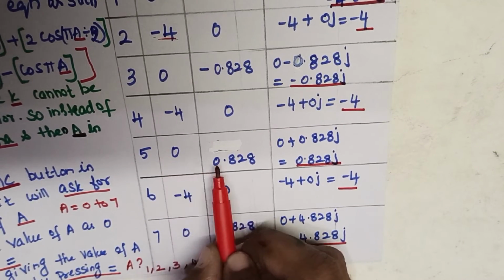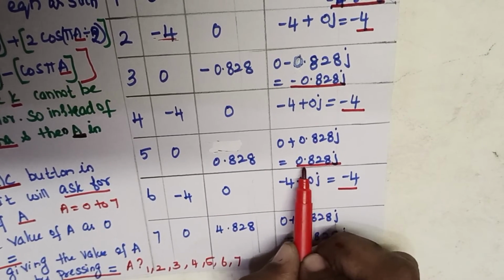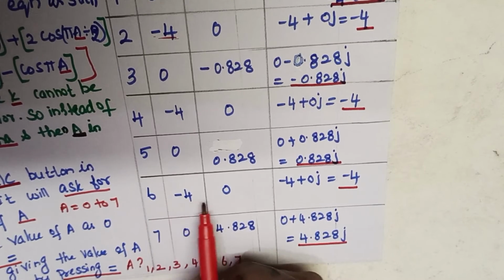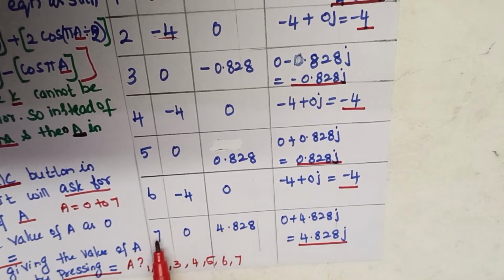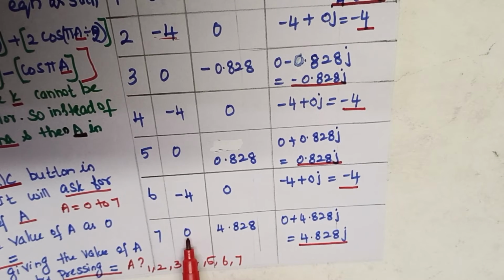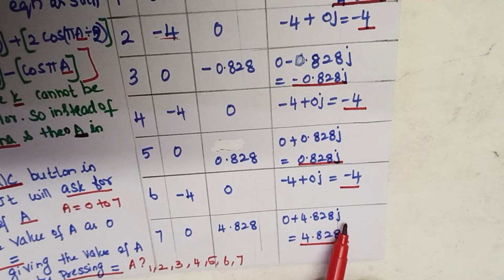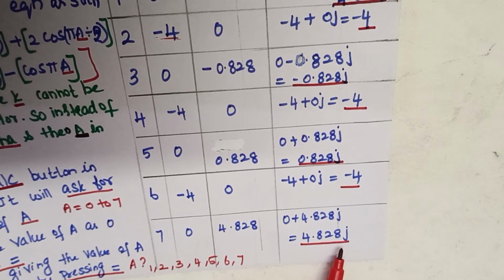For k is equal to 5, 0 plus 0.828j, so it is plus 0.828j. For k is equal to 6, minus 4 plus 0j, which gives us minus 4. For k is equal to 7, it is 0 plus 4.828j, so the value is 4.828j.